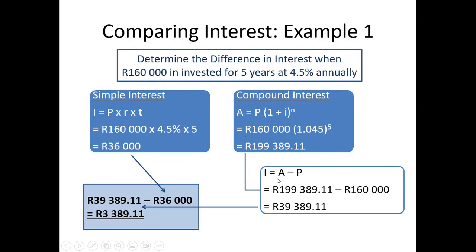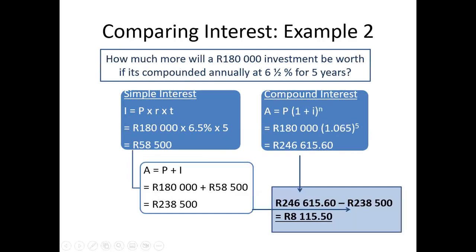So our interest will be our future value A that we have just calculated minus the principal amount that was given, and then we get an amount there of 39,389 Rand and 11 cents, and we can now simply subtract the lower amount from the higher amount, always the compound interest amount will be higher. And now we have determined the difference in interest. The difference in interest using the two types of interest is 3,389 Rand and 11 cents.